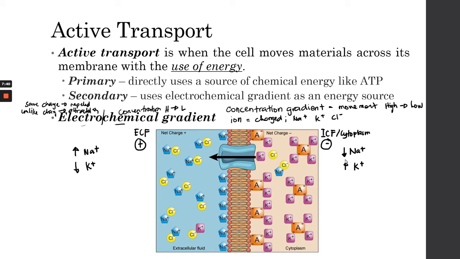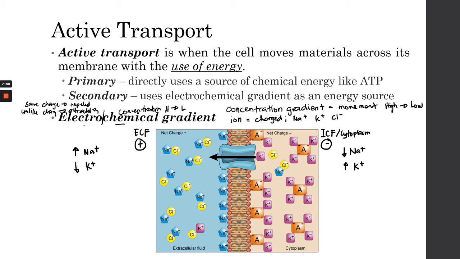So now let's look at what we call an electrochemical gradient. Electrochemical gradient is basically the establishment of the gradient or the movement of the particles based on concentration gradient and electrostatic force.